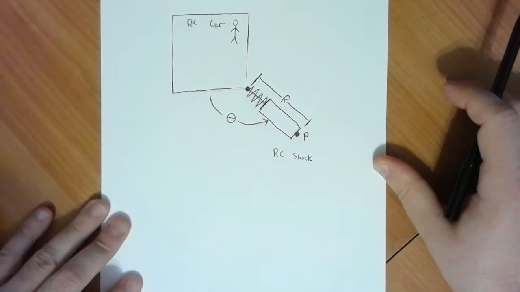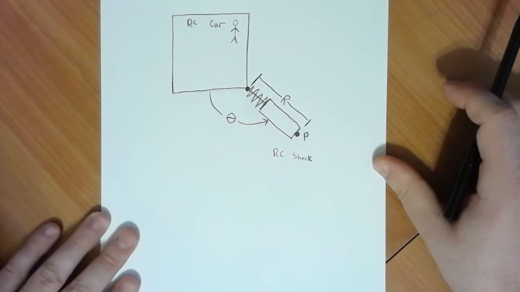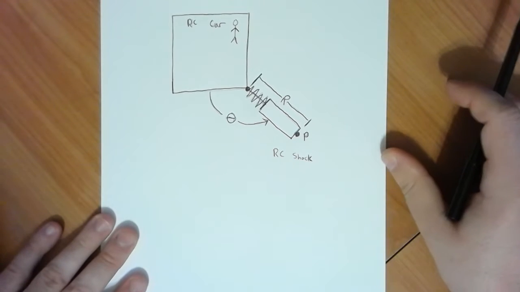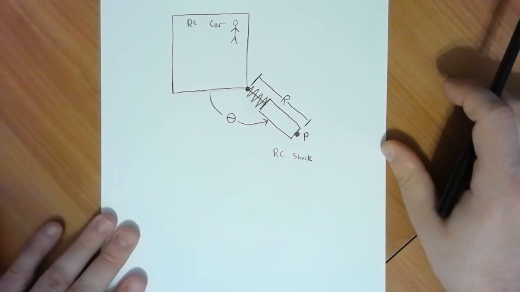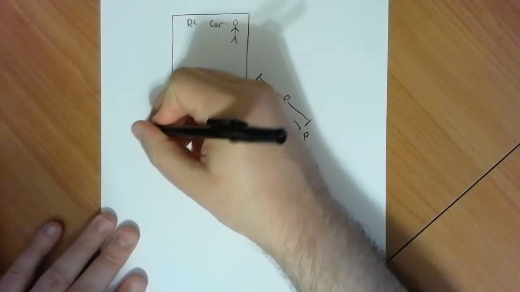Now there's a few things that I have to set up before I can begin to solve this problem. The first is that I'm going to write down the reference frame transfer theorem, which I'm going to refer back to a couple of times. So the reference frame transfer theorem goes as follows.